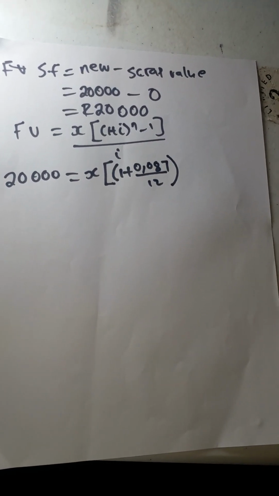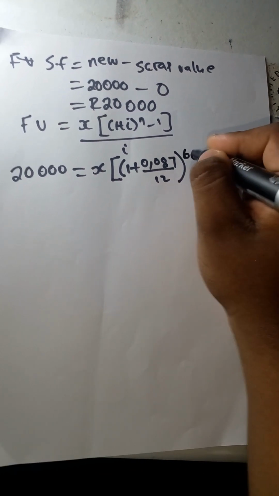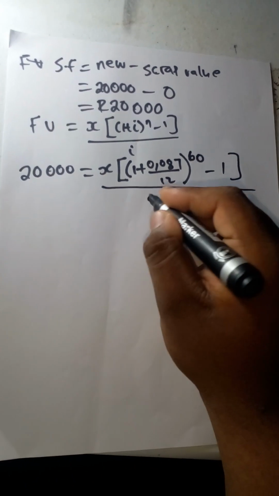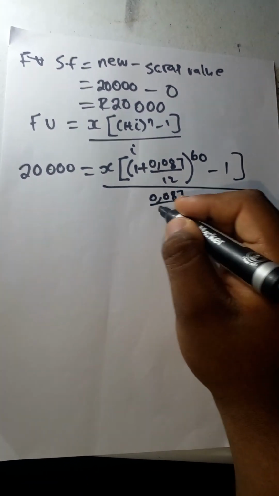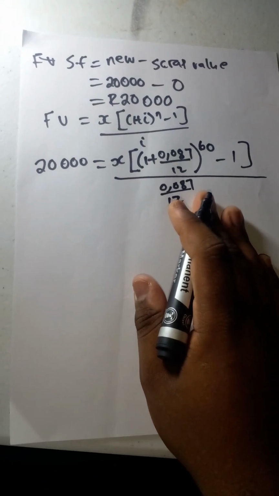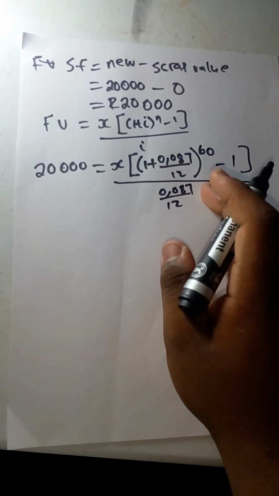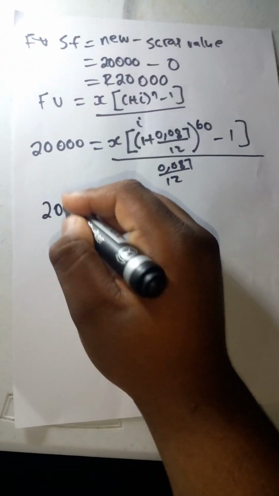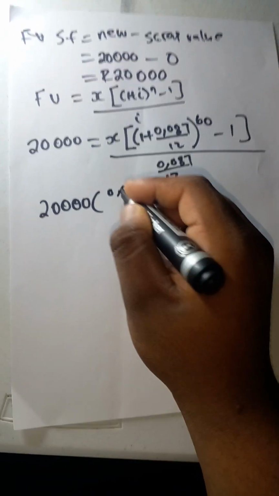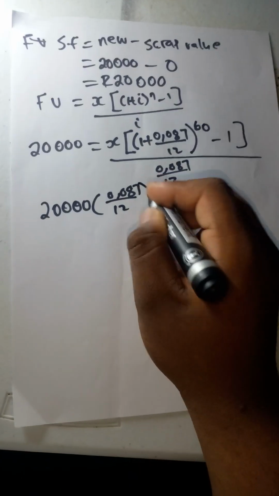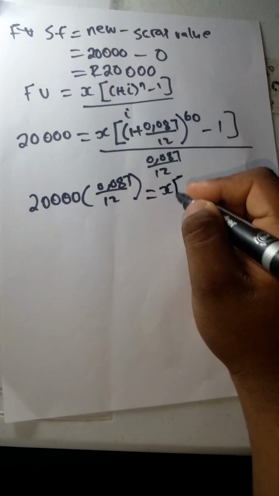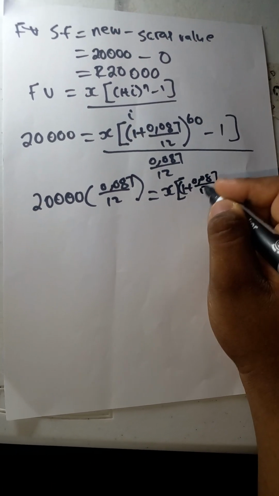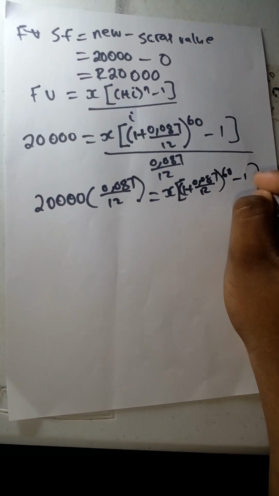You are now given years, so we are going to multiply. When you are given years, multiply by the compounding factor. After that, the fraction: multiply everything by the denominator. So 20,000 times 0.087 over 12, which is equal to x times (1 plus 0.087 over 12) to the power of 60 minus 1.